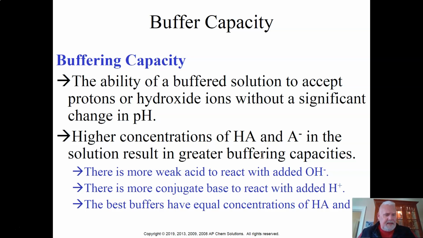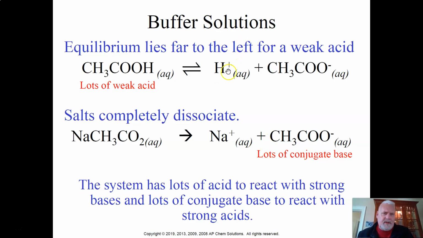Now, the capacity of a buffer, I'm going to explain that a little bit more. So if you have all of this and there's an extra hydrogen ion, it's going to scarf it up because you have that extra conjugate base. If this comes into contact with a strong acid, a strong base, the base will rip off that hydrogen and make this, which isn't going to change the system that much because you're making this.